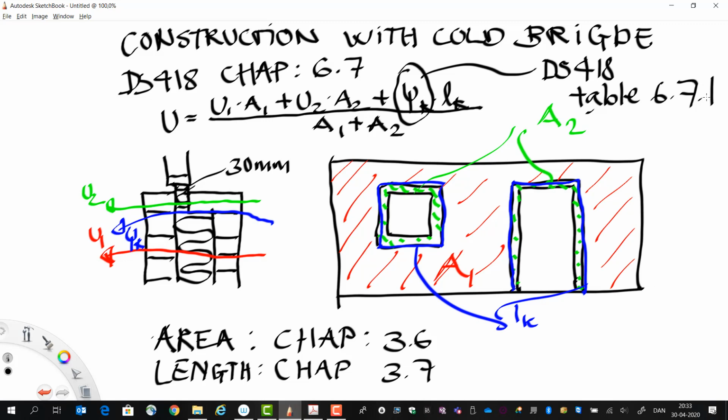So this is the formula that we are using when we calculate U-values for construction with cold bridges. And normally we have cold bridges in heavy external walls and also in the ground supported floor. I will show you an example of how you calculate it on an external wall and at a ground supported floor.